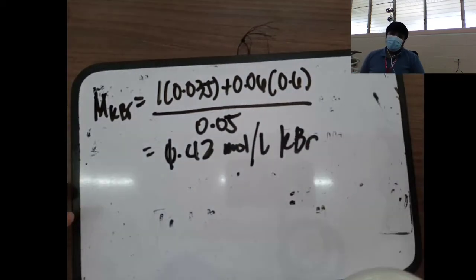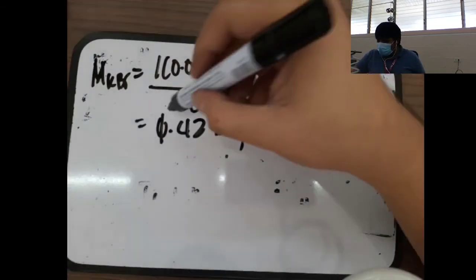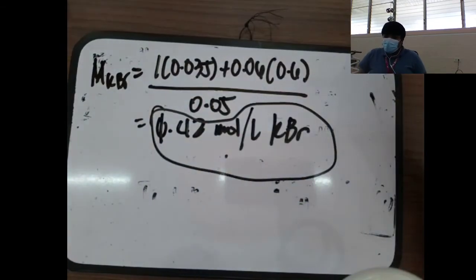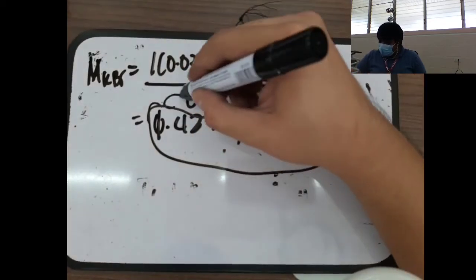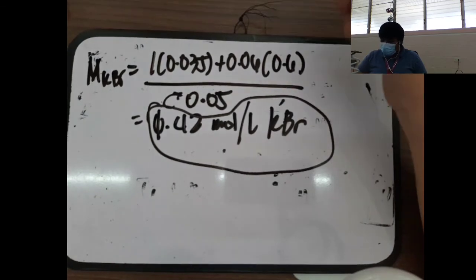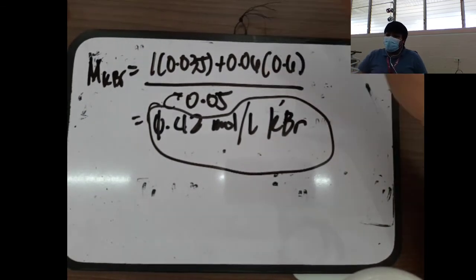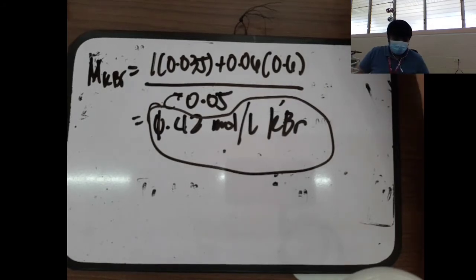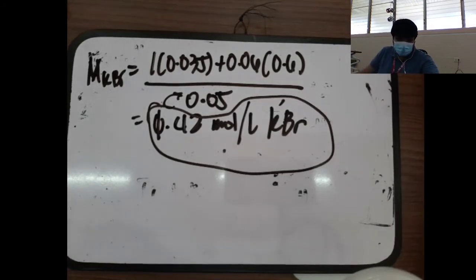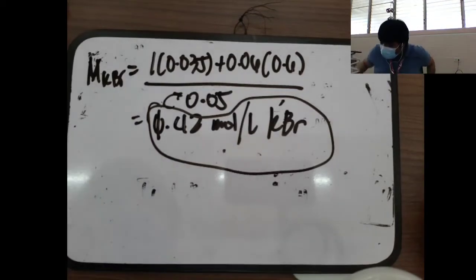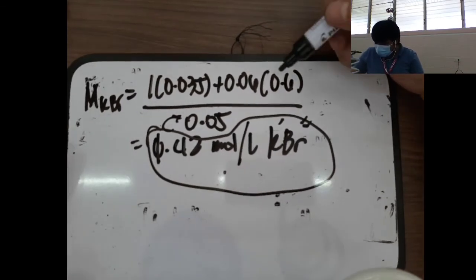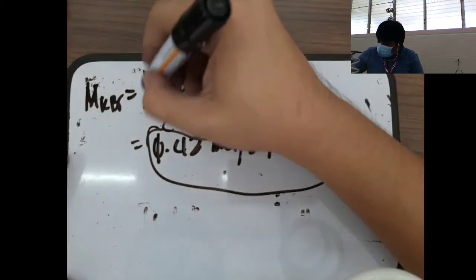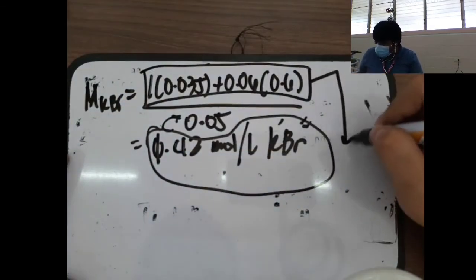Okay. Now, however, since this amount of KBr solution is allowed to completely react with silver nitrate, we don't actually need to know the concentration of potassium bromide, but only the total number of moles of potassium bromide here.